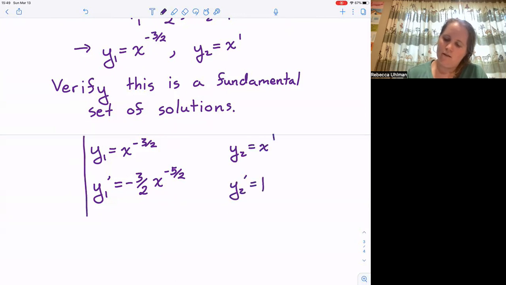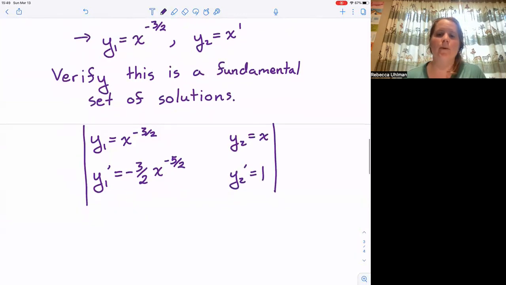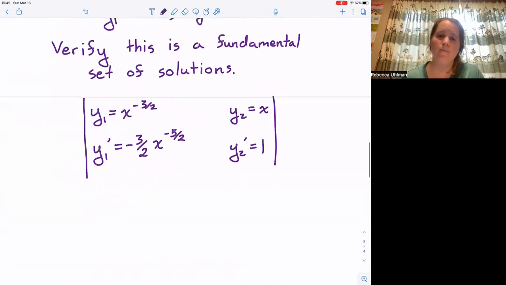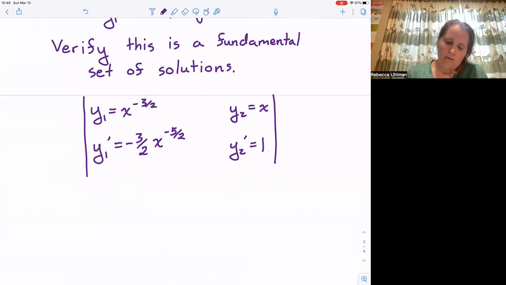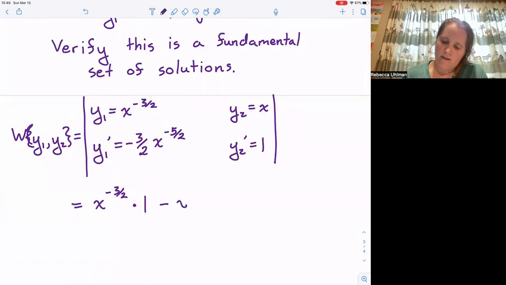And then if we take the determinant of the matrix with y1, y2 as the first row, y1 prime and y2 prime as the second row, we have our Wronskian of y1, y2 is x to the negative 3/2 times 1 minus x times negative 3/2 x to the negative 5/2.